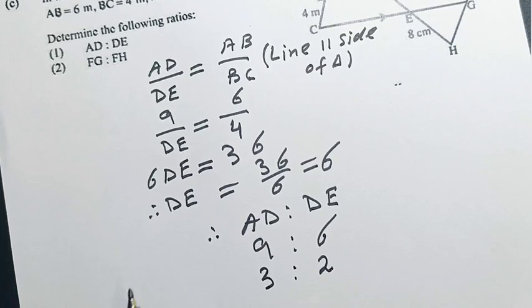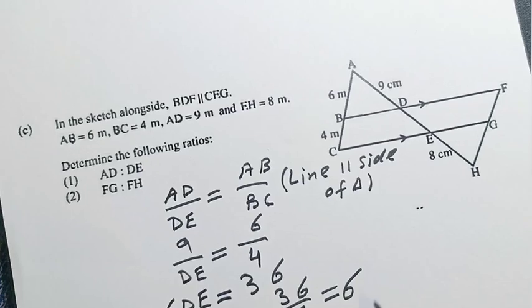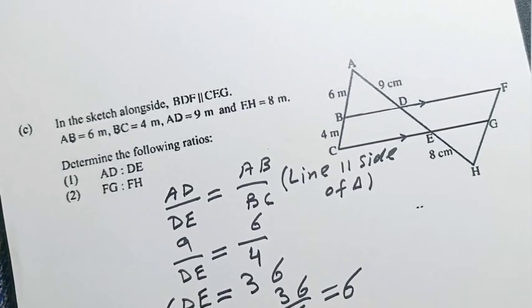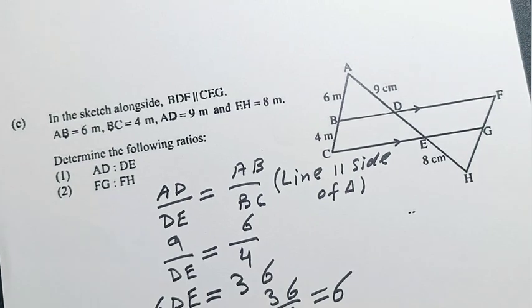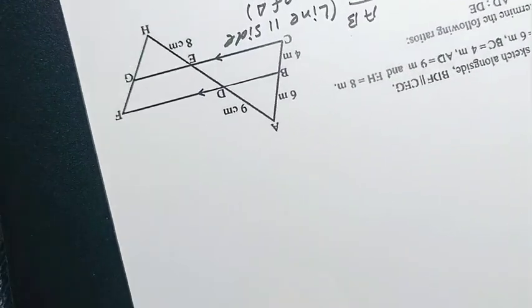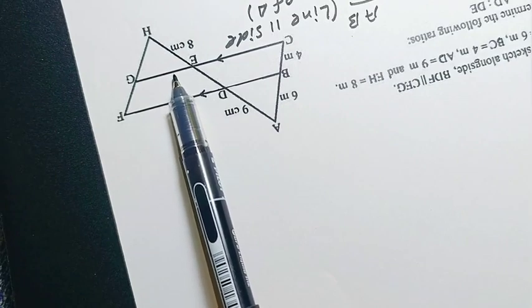Now second part of the question, it says FG ratio FH. Now you're looking at FG over GH. So which triangle am I going to use now? I'm going to turn the shape another side, and now I can see here. Now this is the longer side and this is a short one.